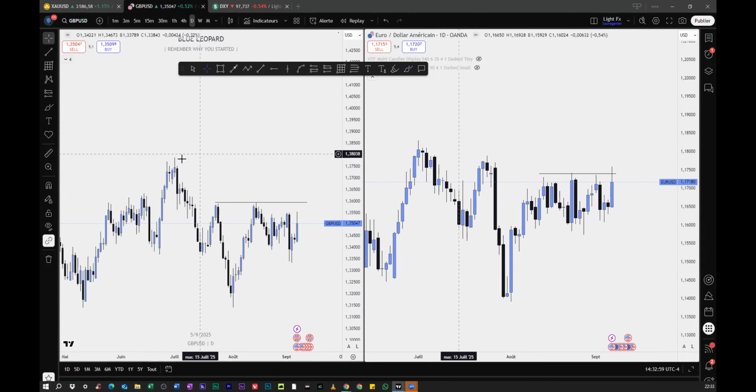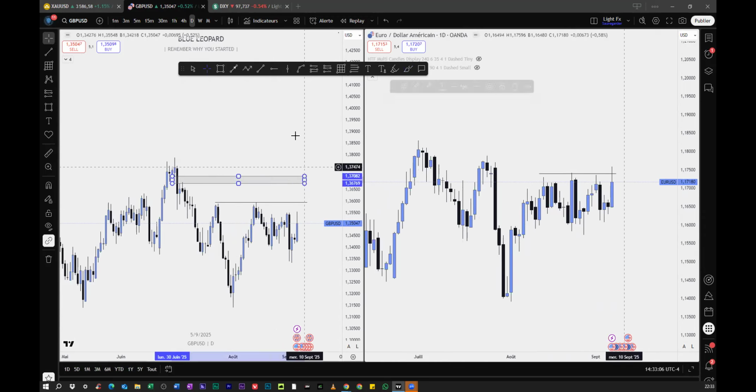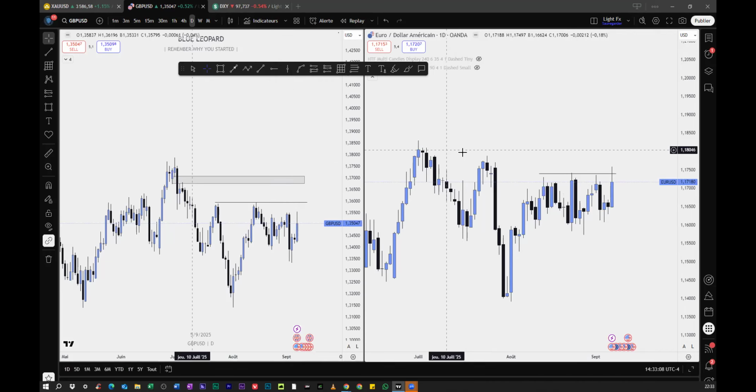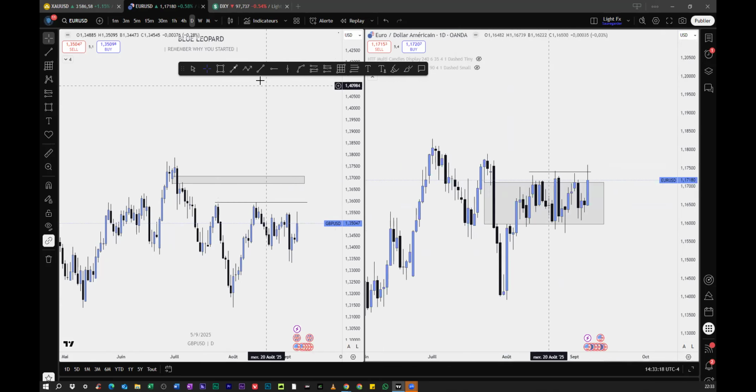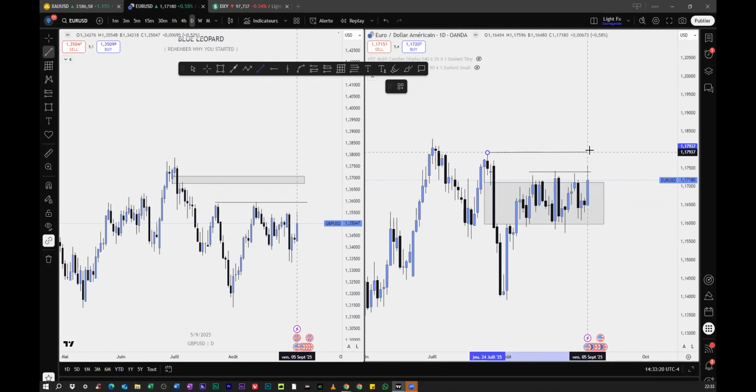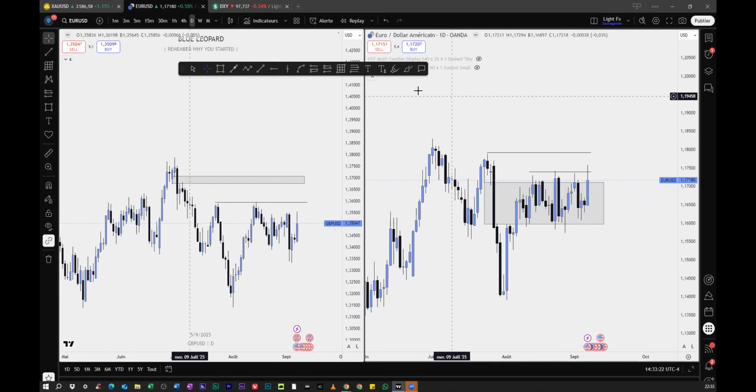So here I know I have this. I also have a fair value gap above here where price should probably go on GBP/USD. Here on EUR/USD, it's already taken out, okay? And price is consolidating here inside. So it's not that sure, even if I know this could be liquidity that we should grab. Why?